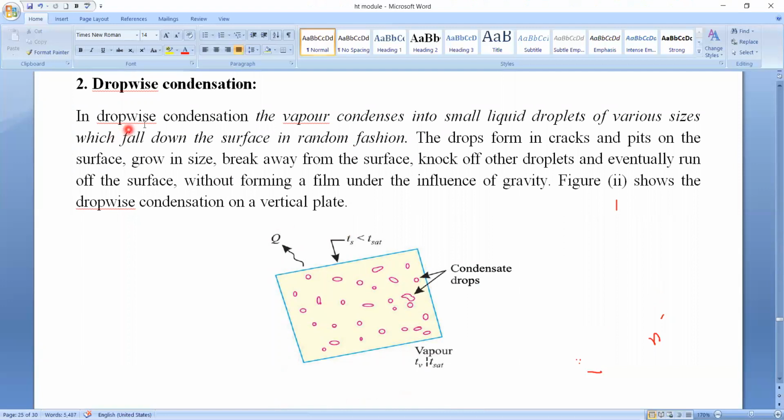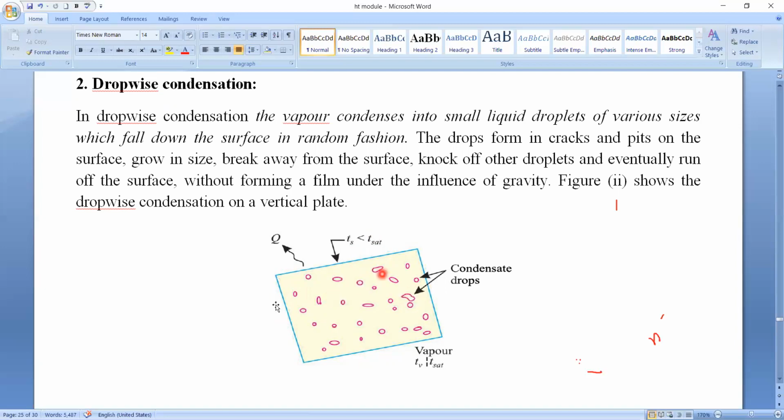As the name itself indicates, if we consider the cooling surface or the plate whose surface temperature is Ts, and it is exposed to the vapor whose temperature is the saturation temperature Tsat, and here also we are assuming the surface temperature of the plate is less than the saturation temperature of vapor, then there is a latent heat transfer from vapor to the surface. So there is a phase transformation from vapor to the liquid state.